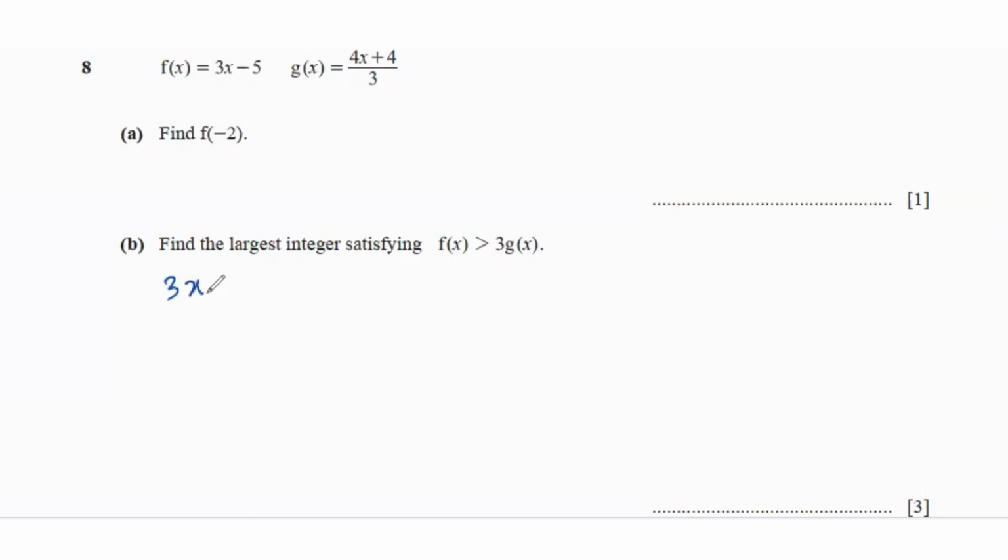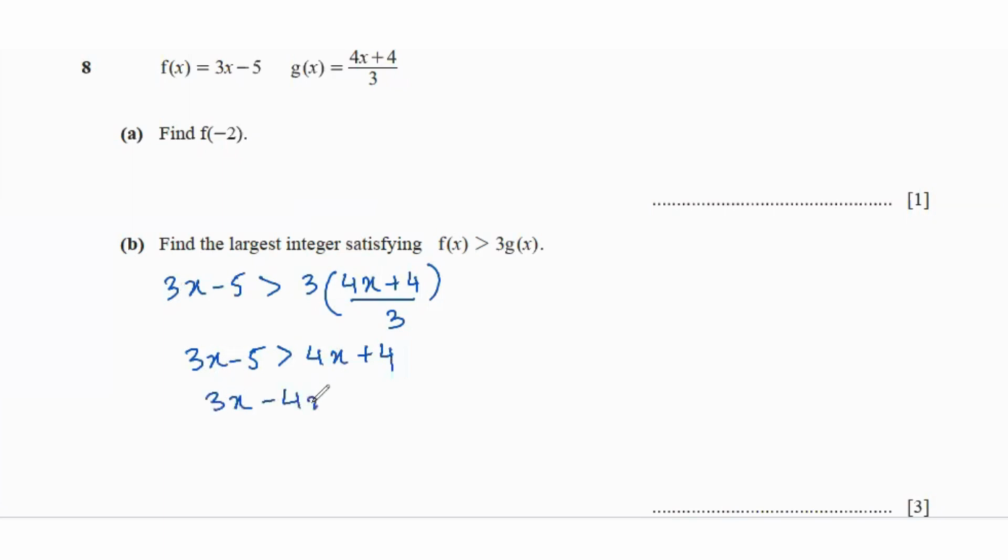So 3x minus 5 greater than 3 times 4x plus 4 over 3. 3x minus 5 is greater than 4x plus 4. I'm going to take 4x to the left-hand side and 5 to the right-hand side. So we have 3x minus 4x greater than 4 plus 5, negative x greater than 9.